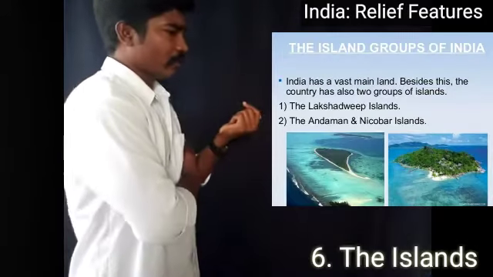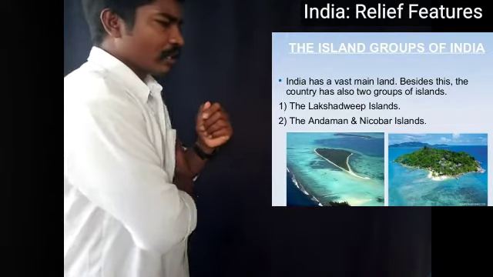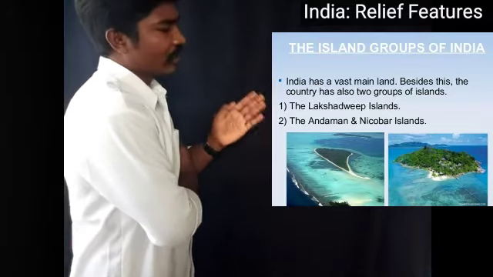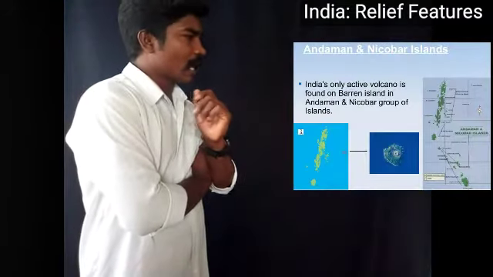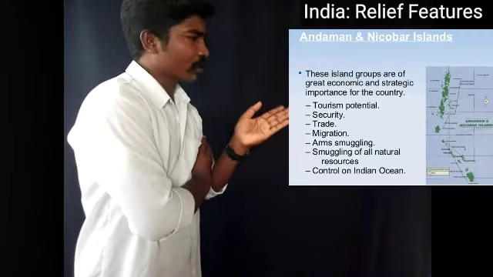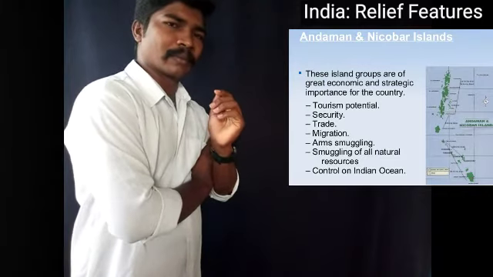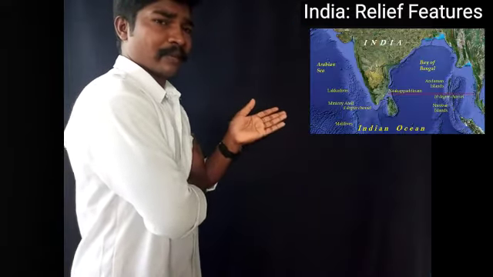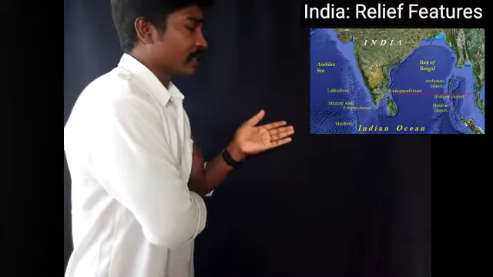Then we have the islands. Islands are the beautiful places that India is having. They are the Andaman Nicobars and the Lakshadweep. Andaman Nicobars and Narcondam and Barren are of volcanic origin. And in 2014, the southernmost tip of India, that is Indira Point, was submerged due to tsunami.